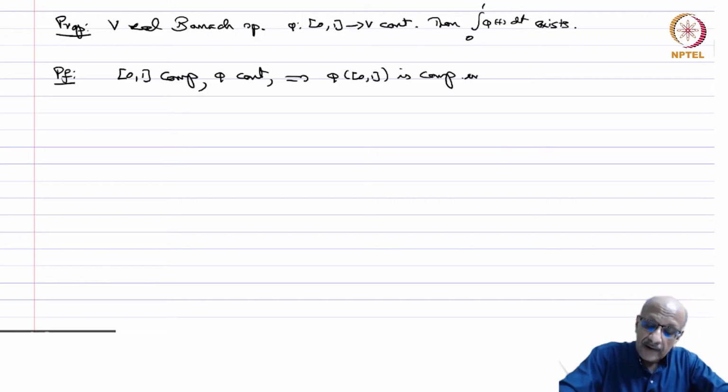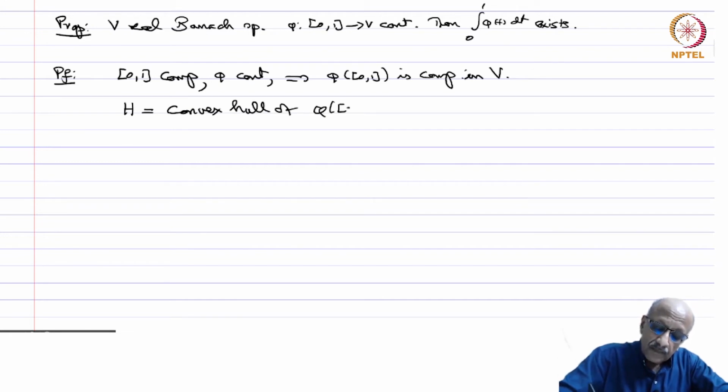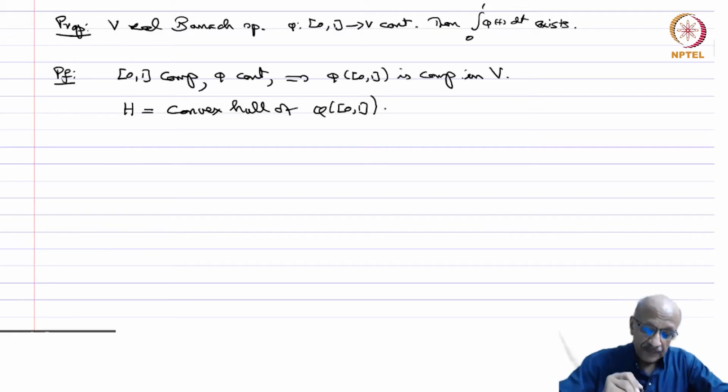So this is compact in V. Okay. So now you take H to be the convex hull of phi of 0 1. So that means it's the smallest convex set which contains this image.